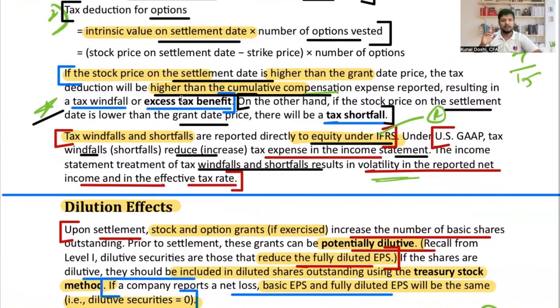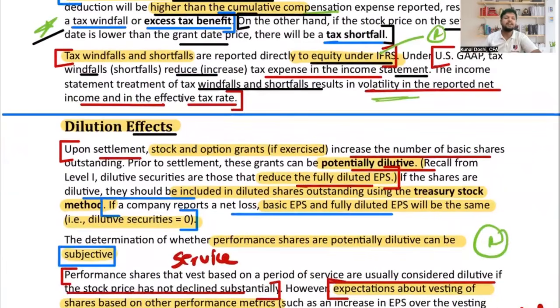Okay. Everyone understood? The next adjustment that we always do is the dilution effect. What is the dilution effect? Remember that if the options are exercised, more shares will be released. And because of the increase in the number of shares, the earnings per share will go down.